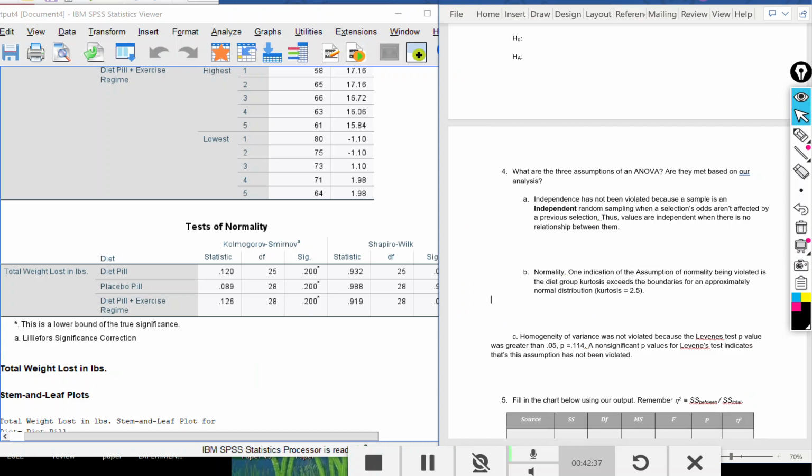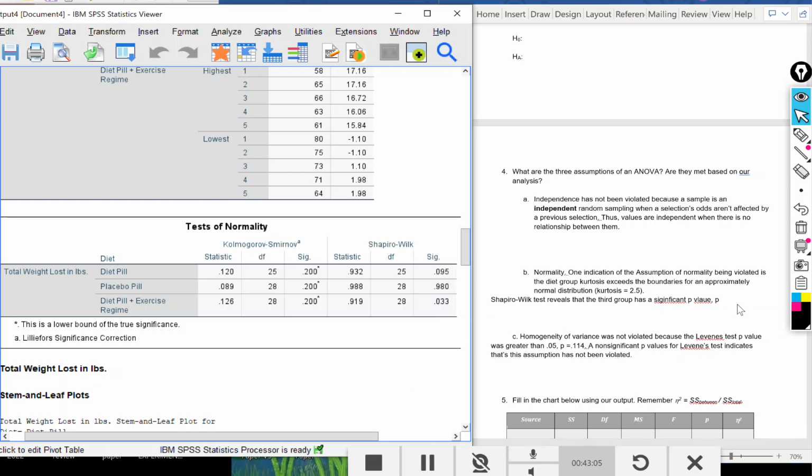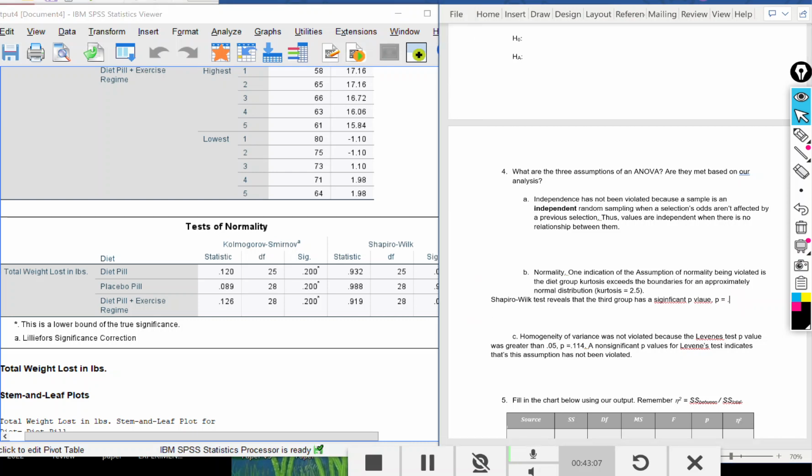So Shapiro-Wilk's test reveals that the third group has a significant p-value, right? And I guess this is redundant. I'm just going to write it as this, but there's probably a less redundant way of writing this.